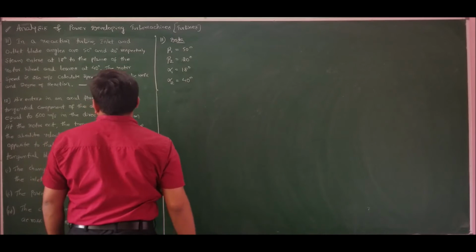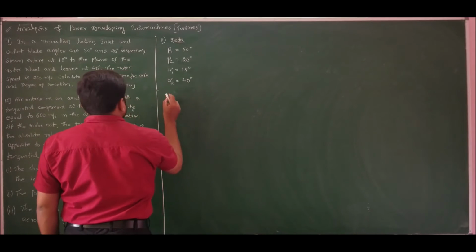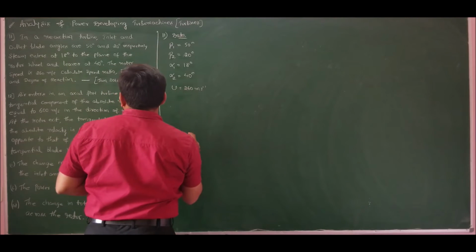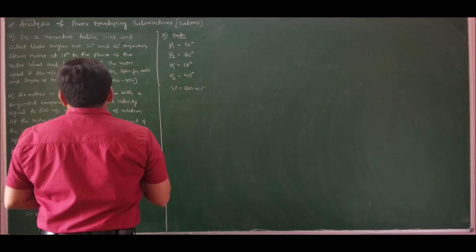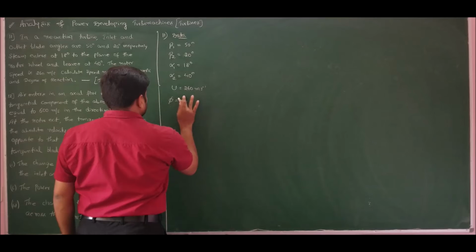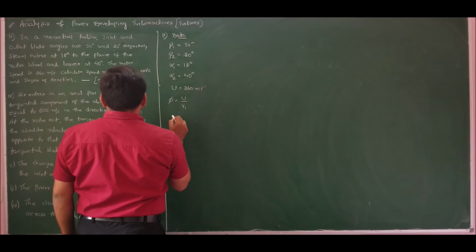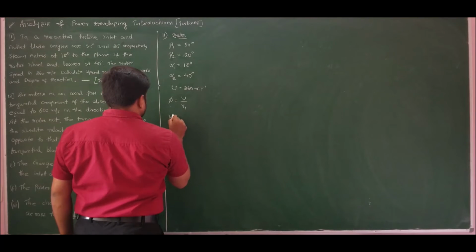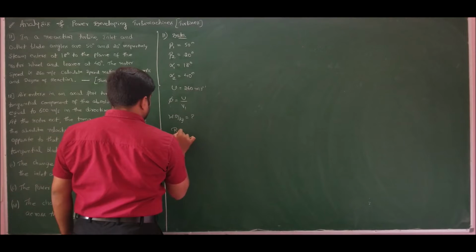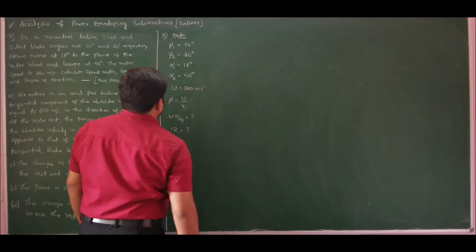The rotor speed U, the tangential speed of the rotor, is 260 meters per second. Calculate speed ratio phi, which is U by V1, specific work, that is work done per kg of working fluid, and degree of reaction R. Let us solve this problem.